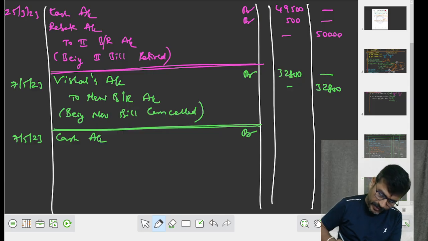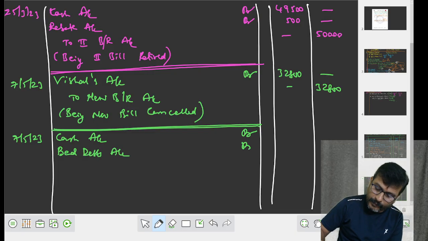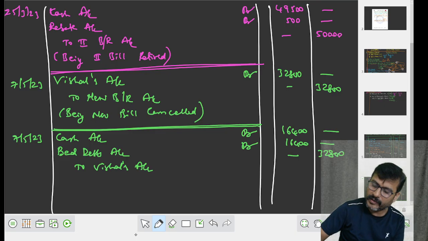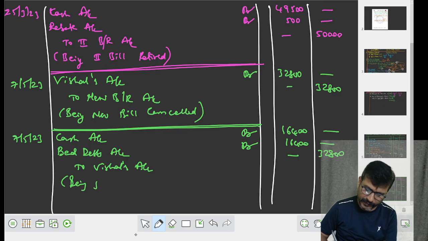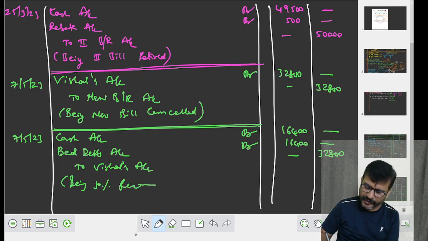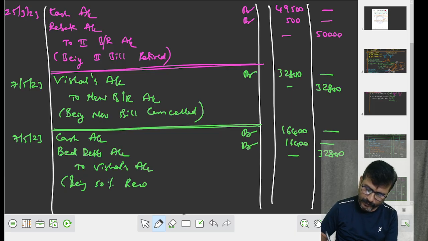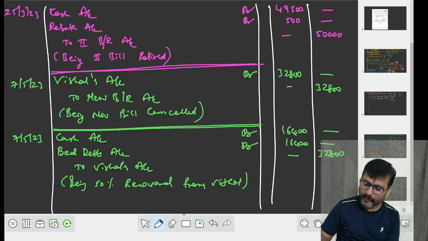Cash account debit, bad debts account debit to Vishal's account. It comes to 16,400, 32,800. Being 50% recovered from Vishal.